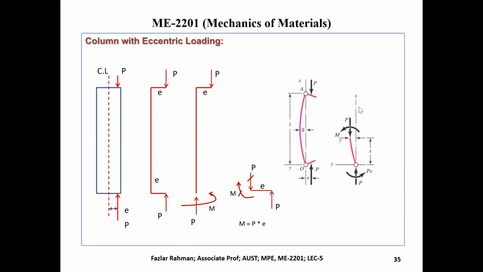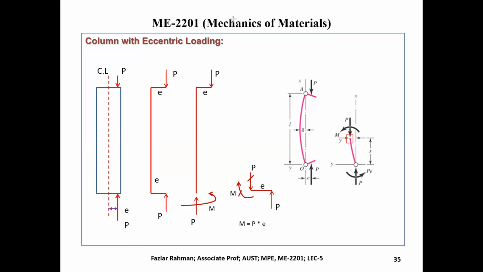But if you look carefully, this beam or column is subject to a harmonic load. P is the axial compression load. That means P gives the compressive stress, and M is actually the bending stress.